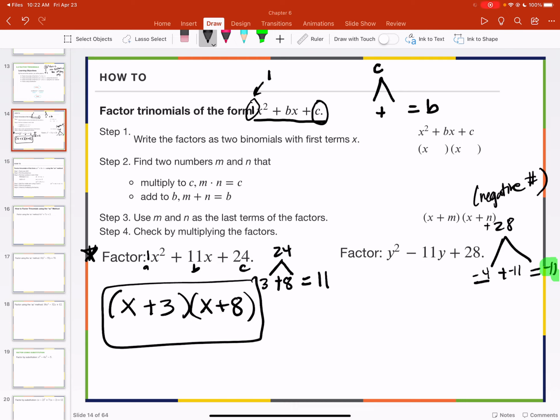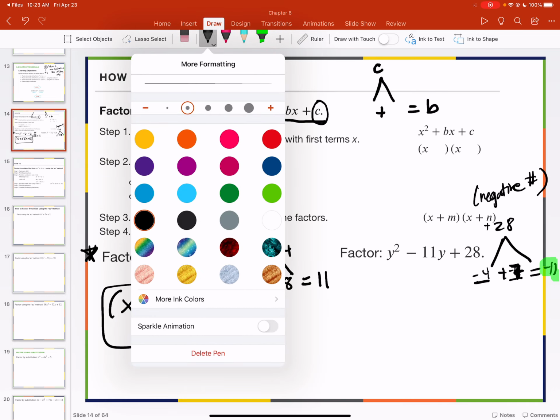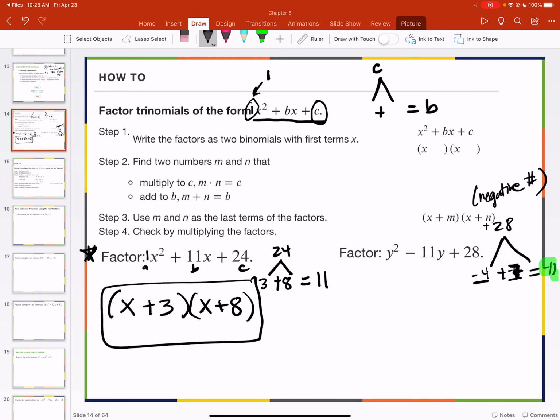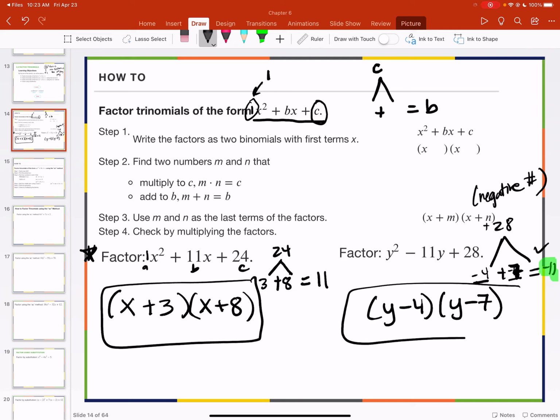So negative 4 times negative 7 is equal to 28, positive. And when I combine them, I get negative 11, so it works out. So my factors are y minus 4 and y minus 7, okay? So not too bad. Pretty simple.